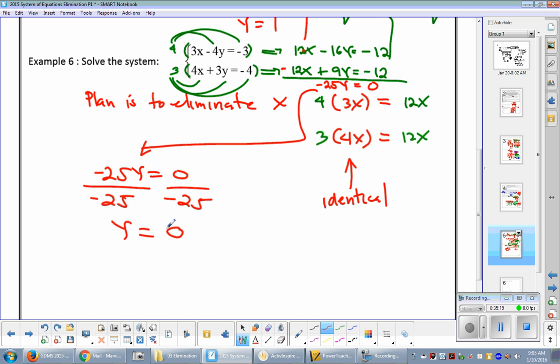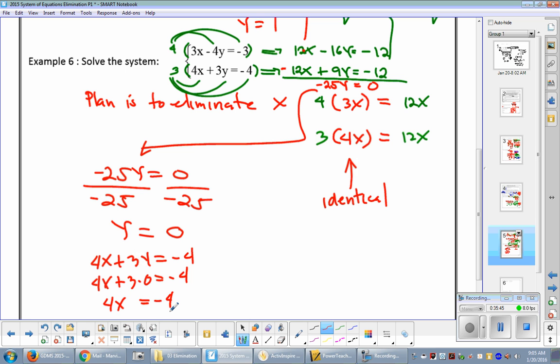Now we can use either the first equation or the second equation to solve our x. Let's use the second equation, okay? So using the second equation, we have 4x plus 3y equals negative 4. Replace your y by 0. Okay, 4x equals negative 4.